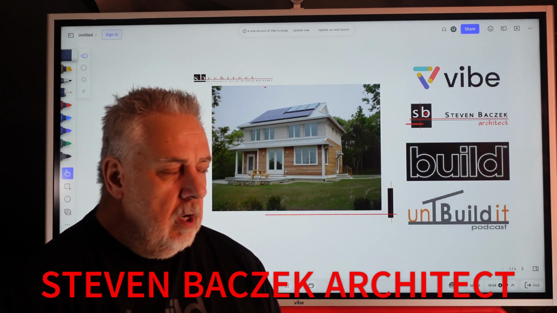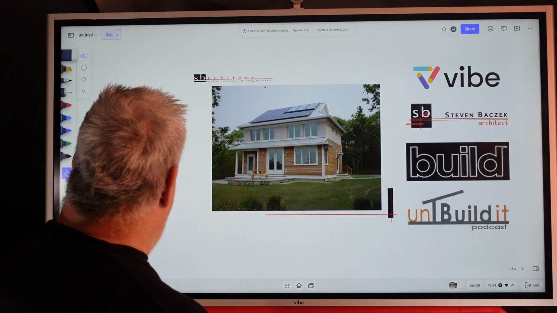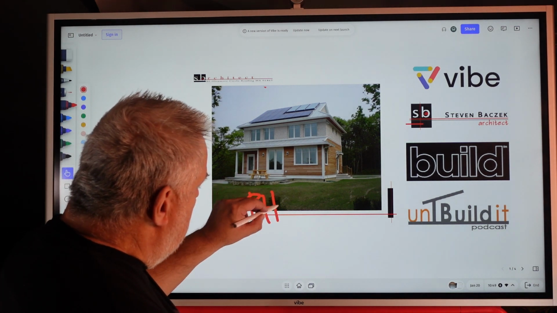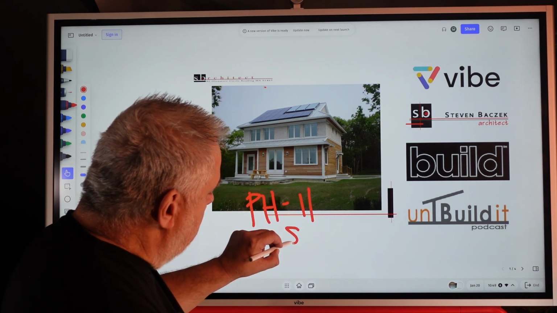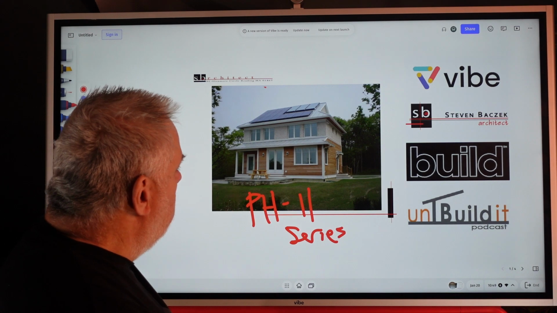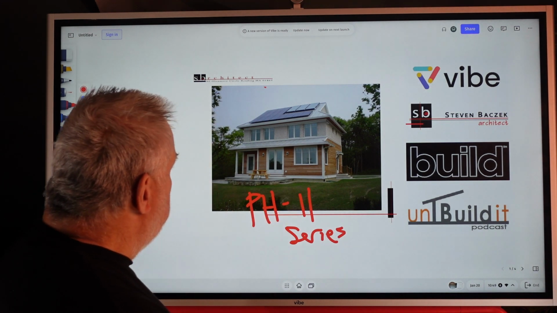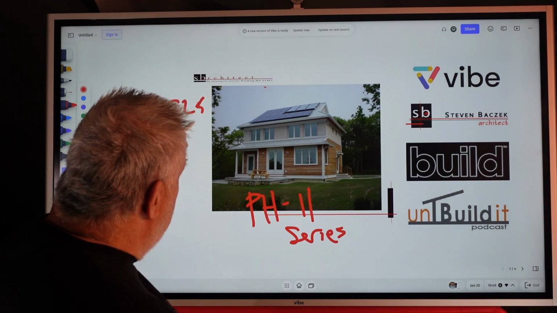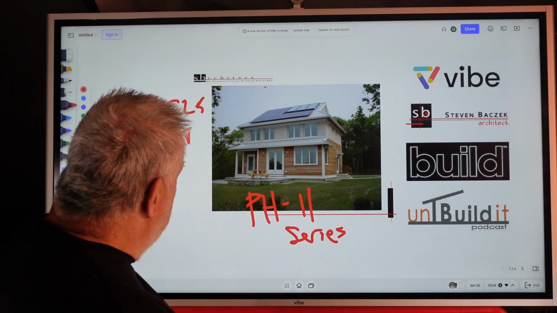So, we're back on our Passive House 11 series. For those of you not familiar with it, this is a certified passive house. It's in climate zone 5 down on the Cape Cod.